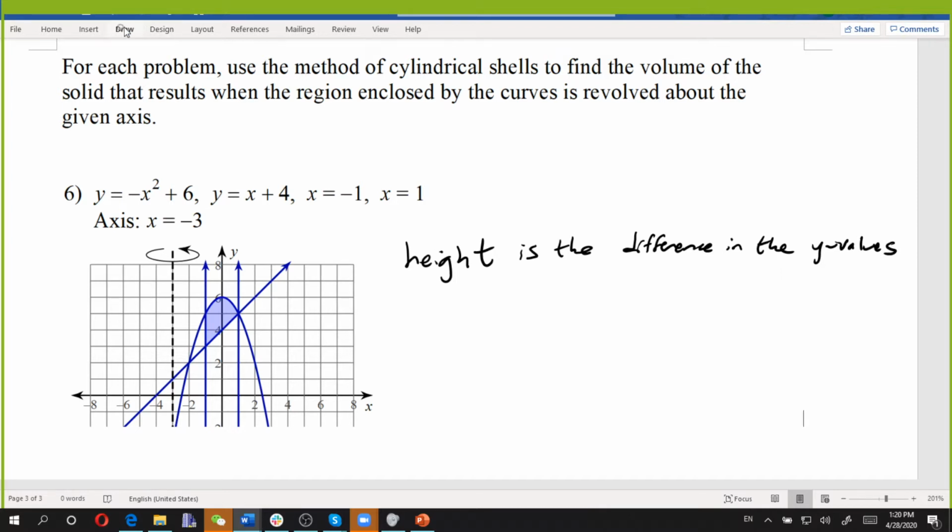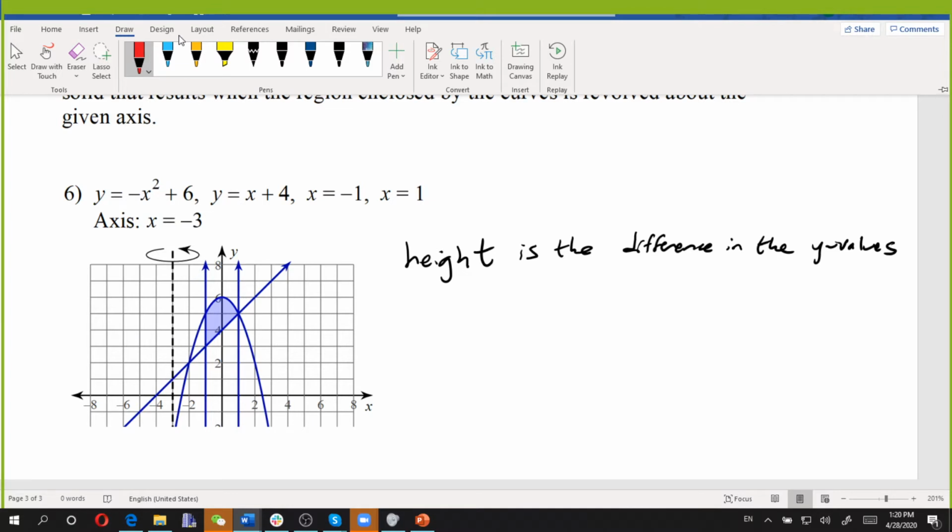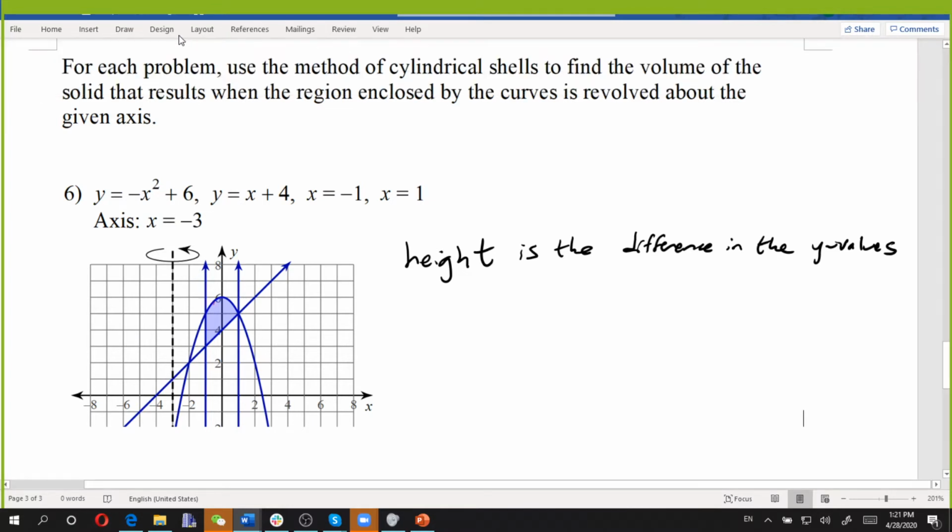Okay, so for this problem, I'm going to pick a point anywhere in here that you want and create our box. What is our height?